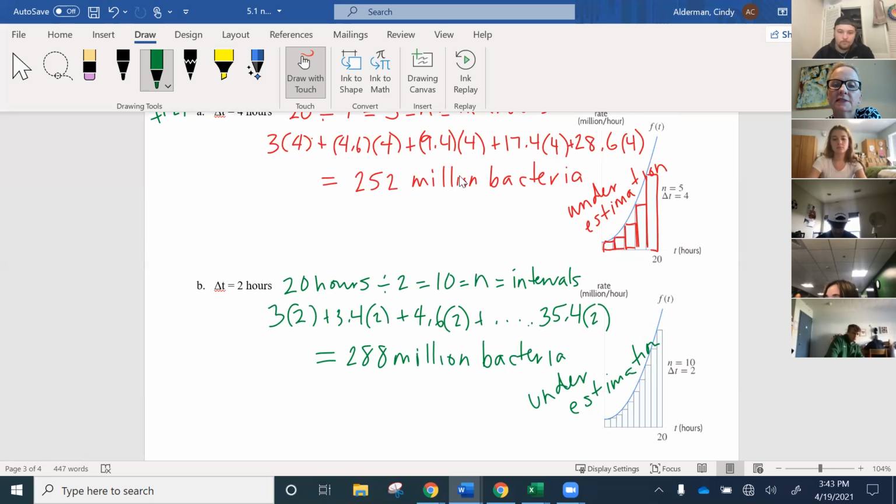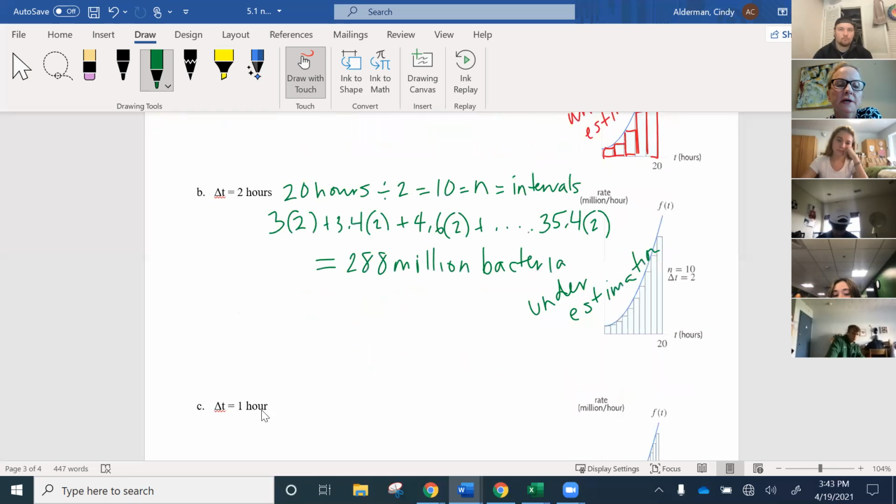So this estimation is definitely underestimated, but this is a better estimation and it's going to increase because it's getting closer and closer to the curve. So if you calculated all the area here, it's going to be more area than this area, because these are getting closer to the actual curve. So it's going to go up.